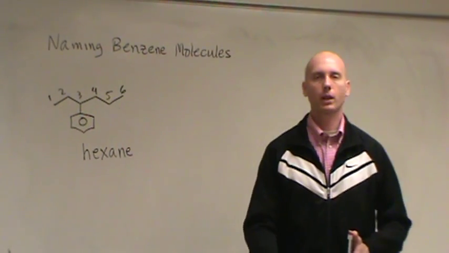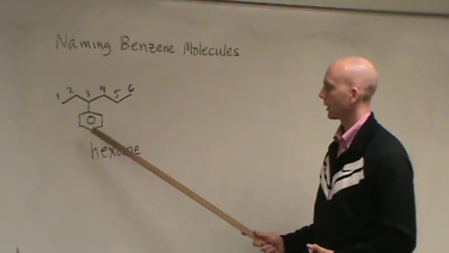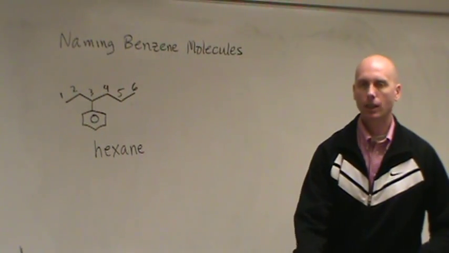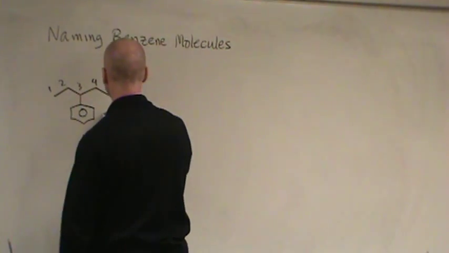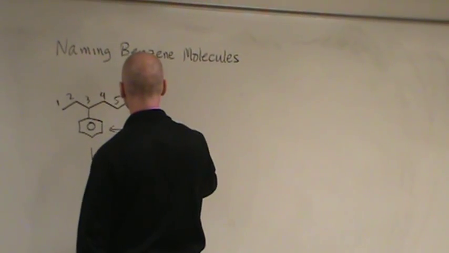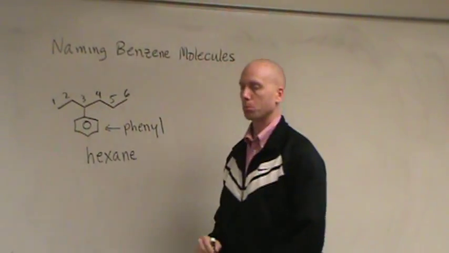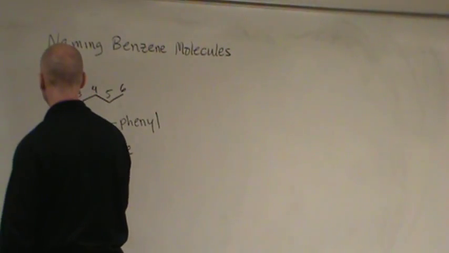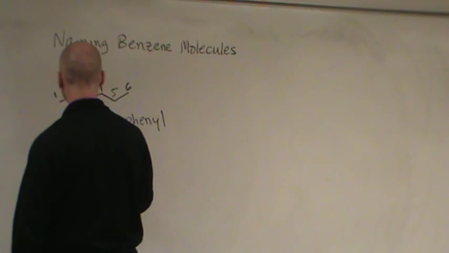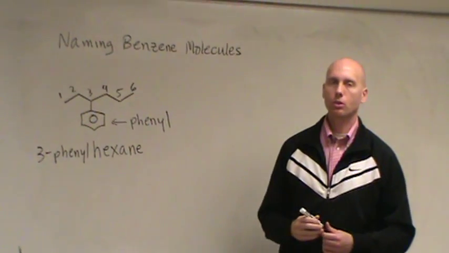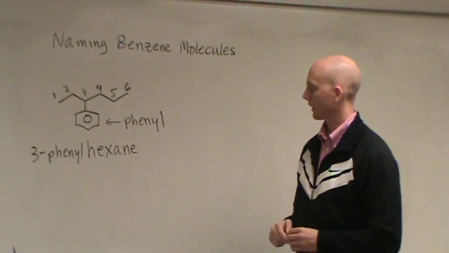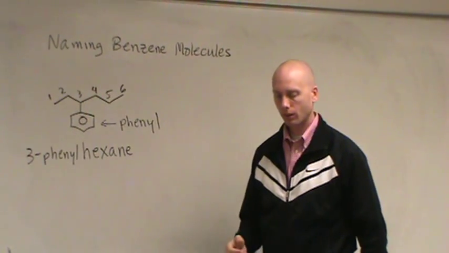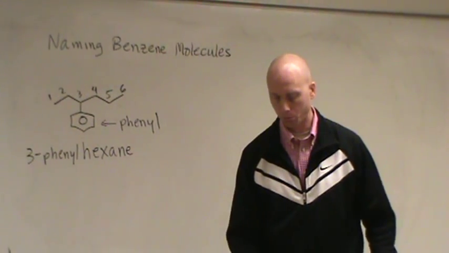But now, what are we going to call this benzene as a branch on hexane? Okay? As a branch or a group, this is what's called the phenyl group. And that phenyl group is on the 3 carbon. So here we have 3-phenylhexane. Okay? So here we want to get familiar with what's called the phenyl group.